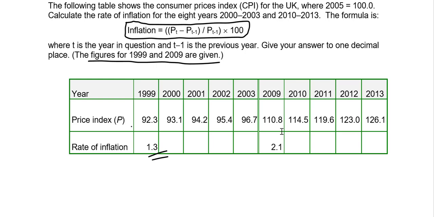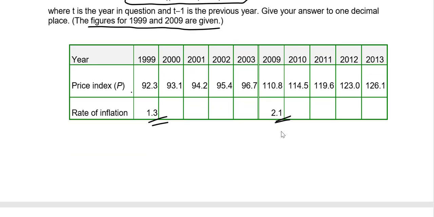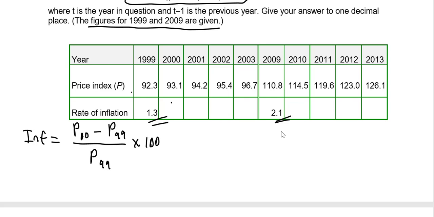Right, so these 2 figures are given for us to kickstart. Let's calculate the inflation rate in the year 2000. That would be inflation equal to the price index in 2000 minus the price index in 1999, over the price index in 1999, times 100.